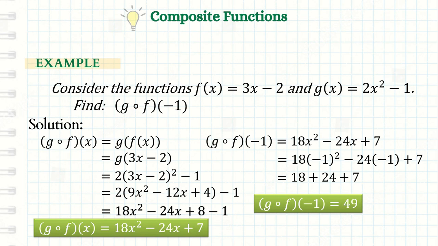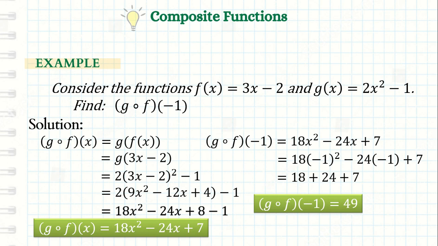Okay. Yes, Angel. Yung hinahanap ko dito yung g of f of x. Yung f of x na given dito yung 3x minus 2, kaya po nakaparenthesis. Tapos, yung g of x, yun naman po yung ilalagay dun.